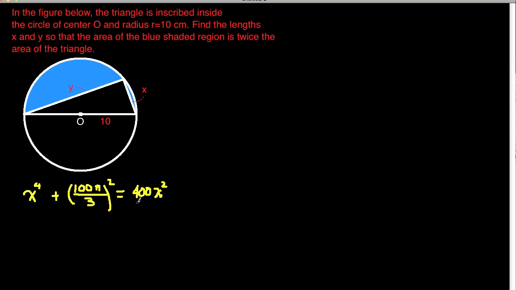Let me take this term and bring it over to the other side so that my equation now looks like x to the fourth minus 400x squared plus (100 pi divided by 3) squared equals 0. Okay, so now I want to solve this equation. I want to find the values of x that make this whole thing on the left equal 0.